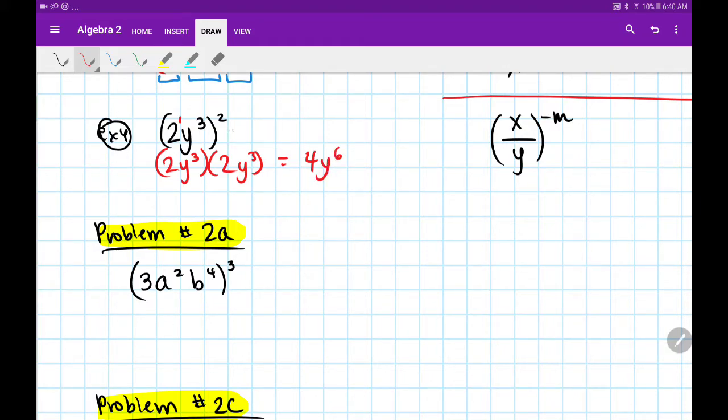I could have gotten directly from here to my answer bypassing this work by simply distributing. So 1 times 2 is 2, that's 2 squared. And then 2 times this exponent of 3 leaves me with y to the 6th power, and 2 squared is nothing more than 4.